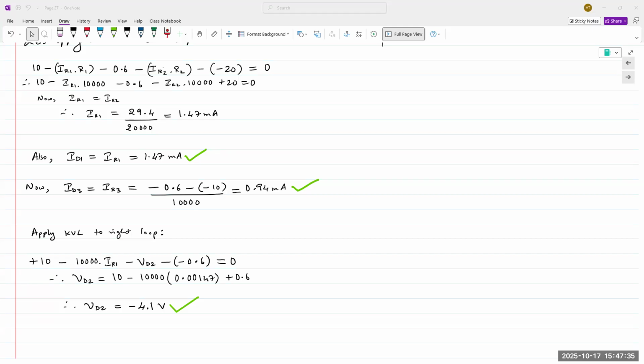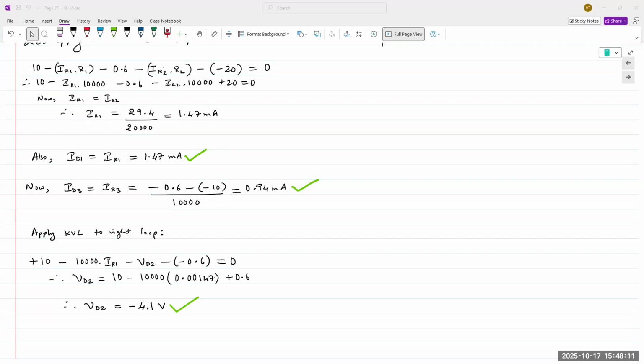Anyone? Are the values the same? The values are different, even though the assumptions are verified. And that is one indicator of why our assumptions could be different, right? Even if we assume diode D1 is on in the first one and it's verified, it does not mean that in our correct assumption, diode D1 could be on. So the states could be anything, the values could be anything.